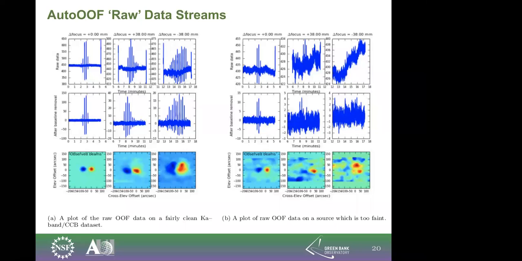The source on the left is what it should look like if you have a good solution. If you see something like the right, it's usually the sign of a poor solution, and you might need to find a brighter source to do your auto OOF.